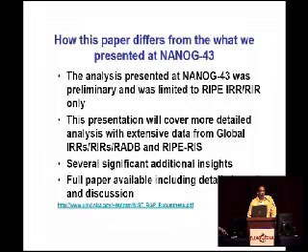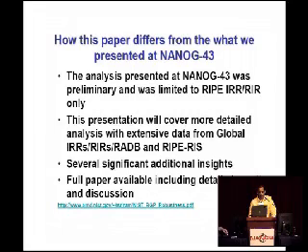So we're going to review those briefly and look at some enhancements to those. And I'll also present some interesting results based on data analysis, hopefully interesting. This paper was presented in a preliminary form earlier at NANOG 43 in June.